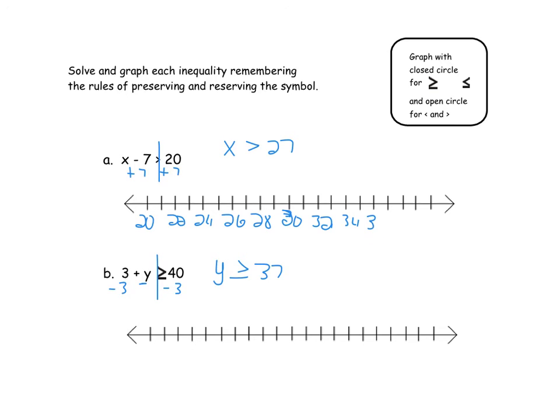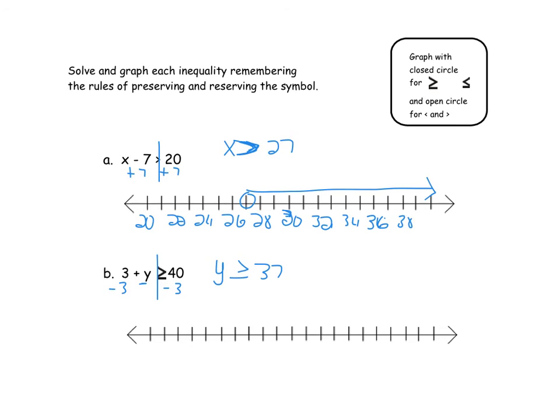You could have started somewhere else, or some other numbers, 38, as long as you had some numbers before 27 and some numbers after. So it is not a greater than or equal to, so it does not include 27. It does not include 27 right there between 26 and 28, and it's all the numbers greater than. Okay, so remember, this opens up to the one that has more.